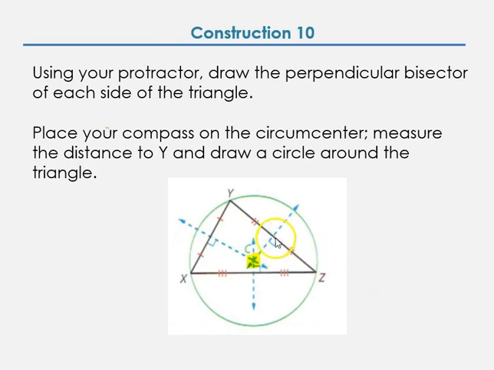And if you were to measure from the concurrency point to each vertex, so if you were to measure from point C to Z, C to Y, or C to X, they will be the same length.